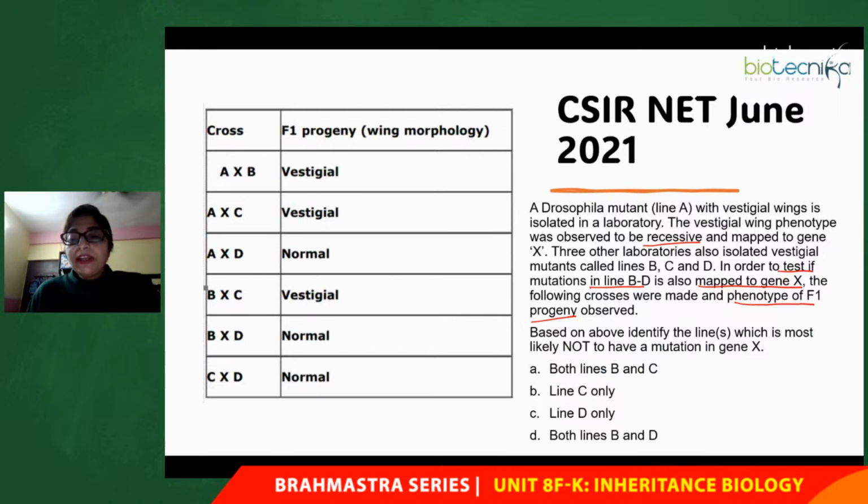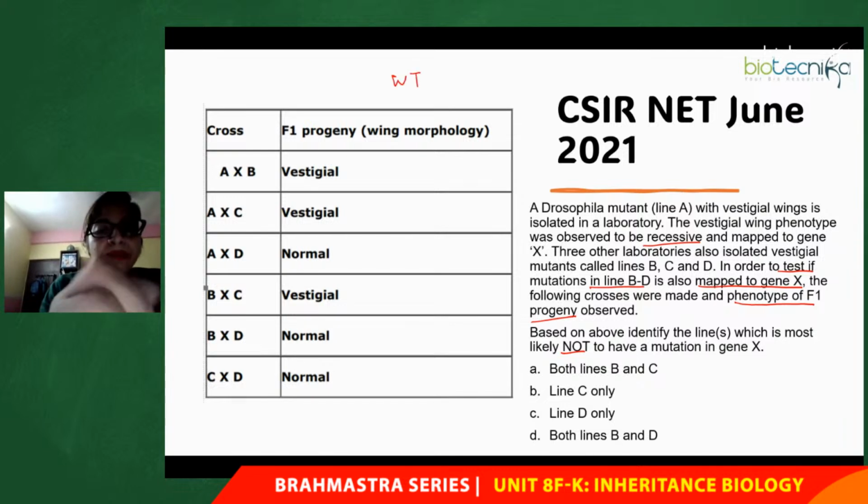So based on the above, identify the lines which are most likely not to have mutation in gene X. Here, what is the basic understanding that you need? That the genes which complement each other will produce the wild type phenotype in progeny.